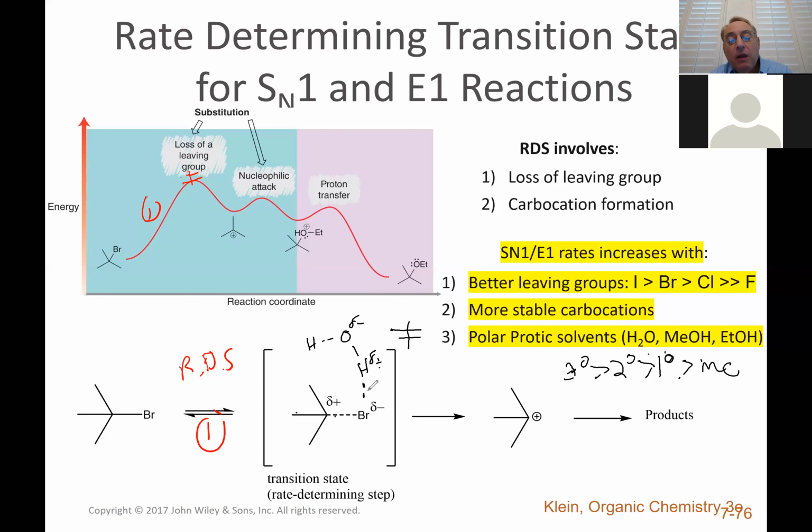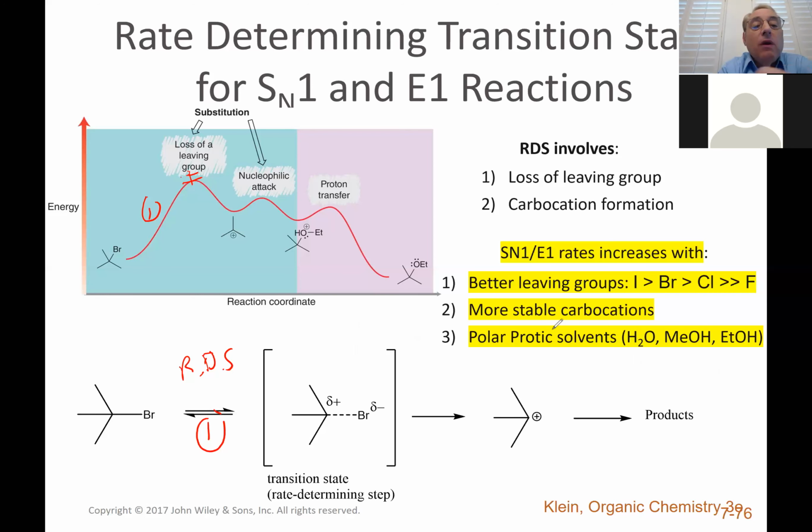So the polarity favors the charge separation, and the hydrogen bonding ability of these protic solvents stabilizes the leaving group. Both of those lower the energy of the transition state and raise the reaction rate, okay? So better leaving groups, more stable carbocations, and polar protic solvents facilitate SN1. And we'll see E1 reactions too, because they have the same rate limiting step, okay?